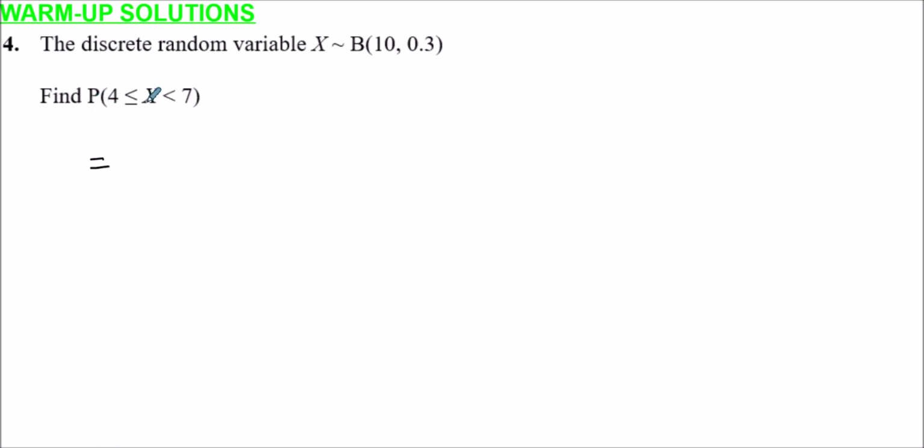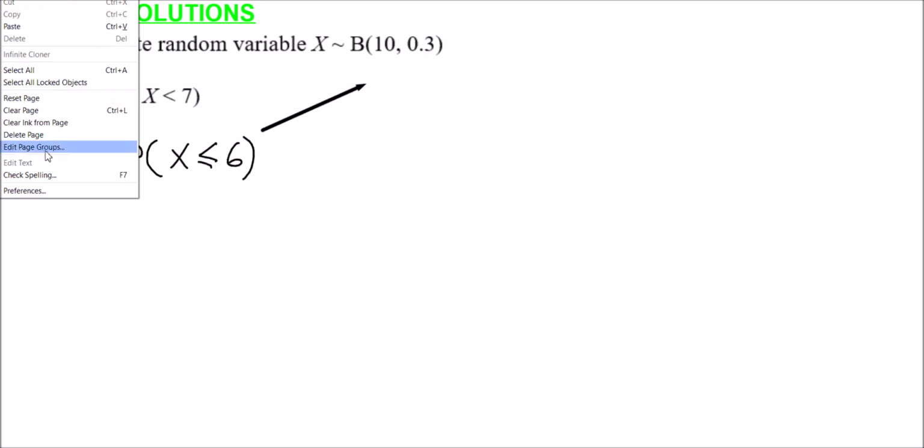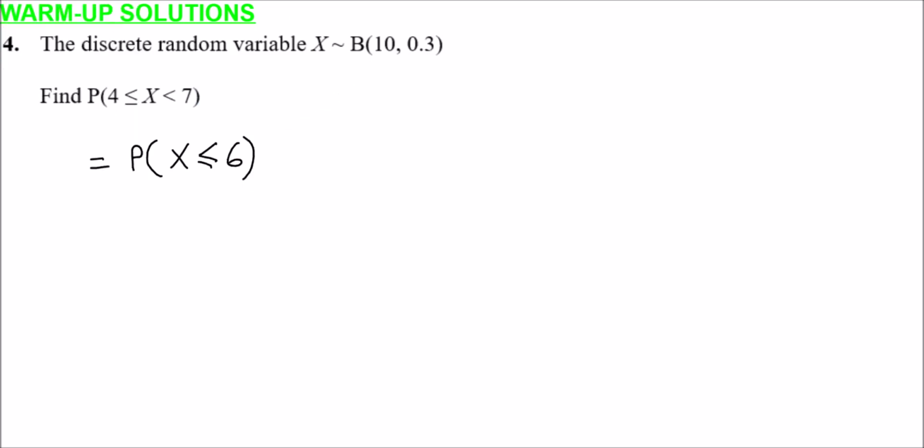So we need to rewrite this in terms of the probability that x is less than or equal to a value first. Now if x must be less than 7, that's one and the same thing as saying we want x to be up to and including 6. However, if we did that, this is going to include, that's the wrong way around, apologies, so let's undo that line.